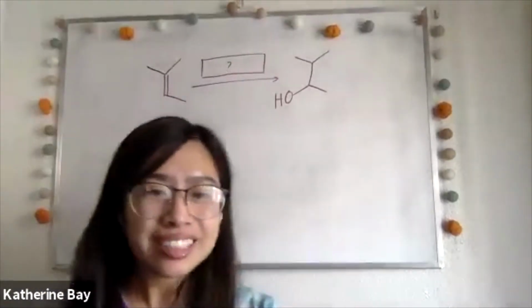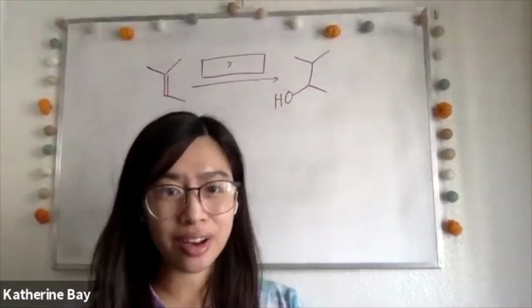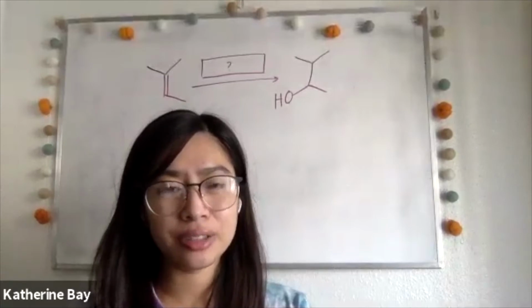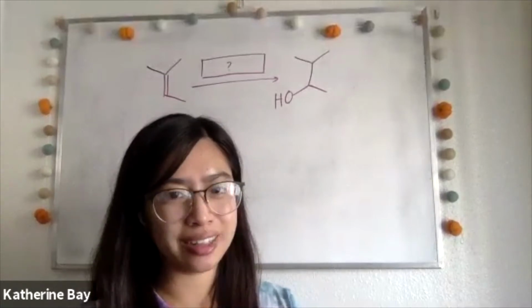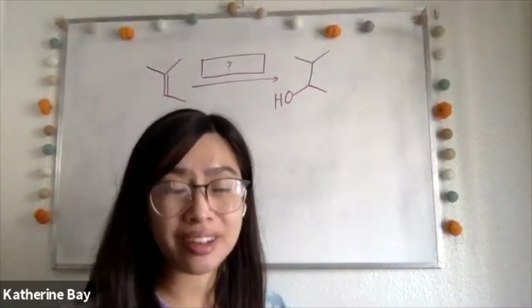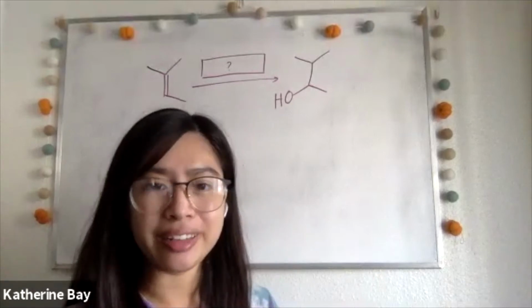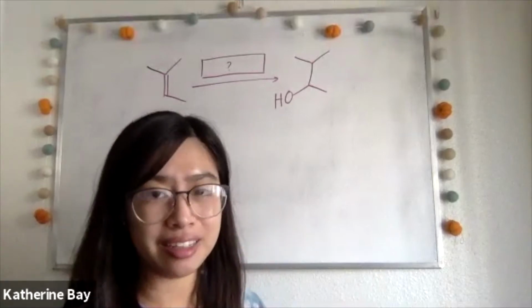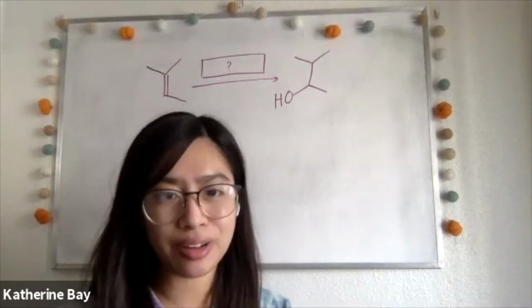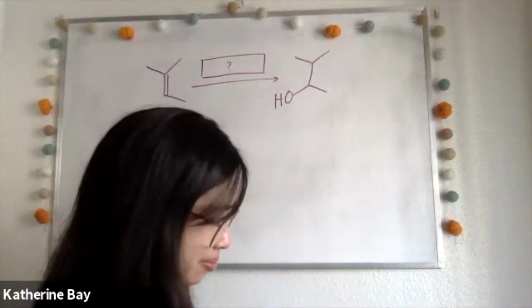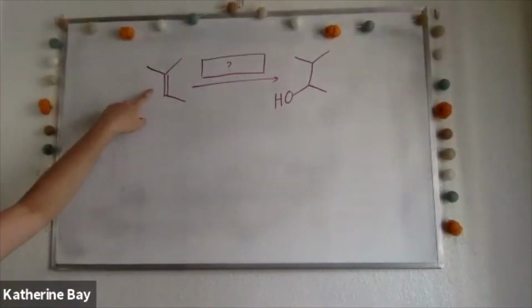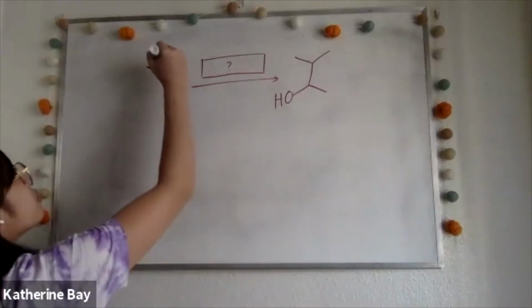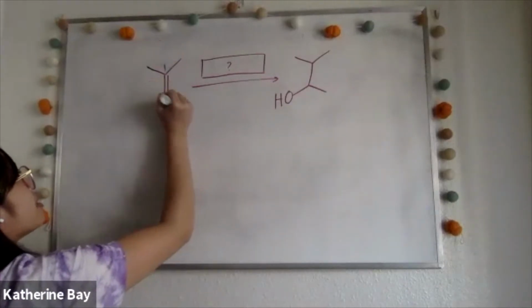All right, so for this example, we can see that the alcohol group added to the less substituted side of the alkene. How do we know that? What you can do is label each side of the alkene and see at which carbon the alcohol in the product was placed. So if we look at the starting alkene, let's label this as C1 and this as C2.